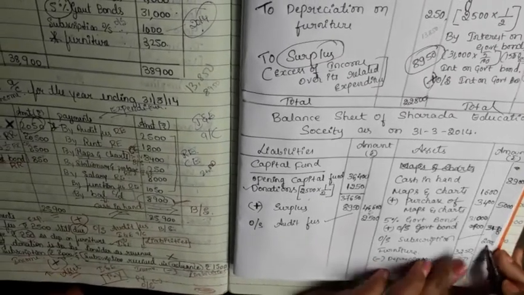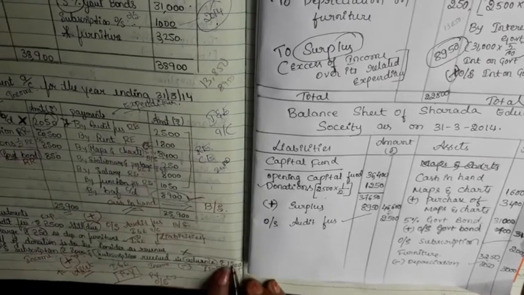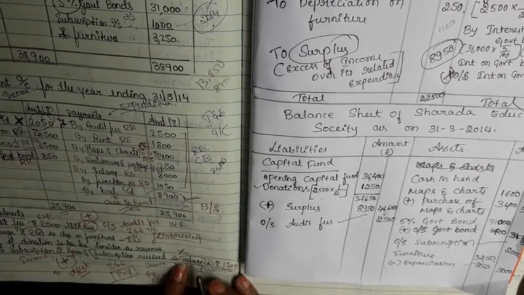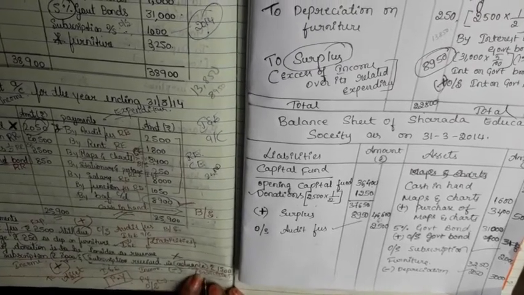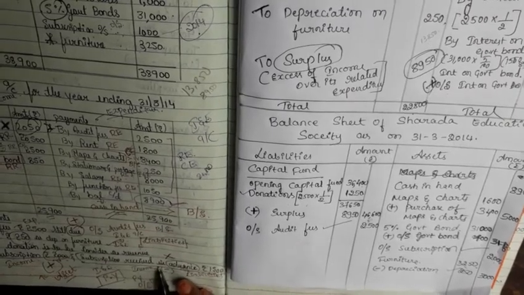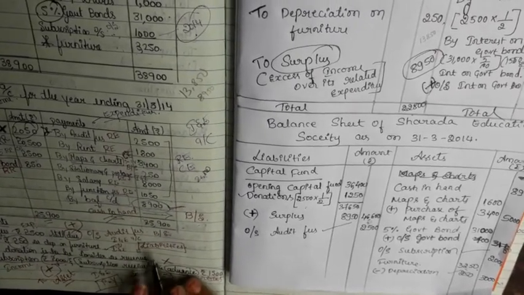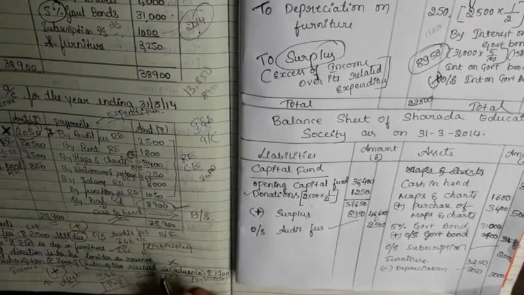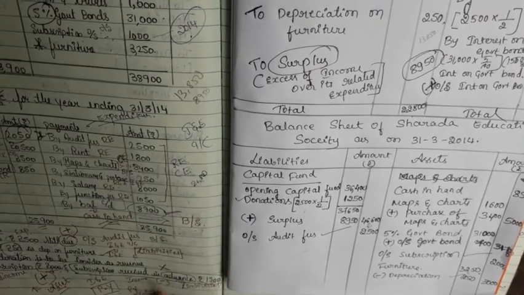Remaining is subscription received in advance, rupees 1,500. Advance amounts are liabilities. If the member is not able to continue in the organization, we have to pay that amount to that member. So future years' amounts are considered as liability of the organization.